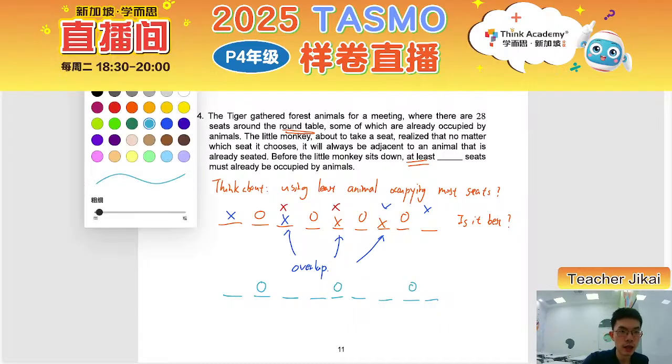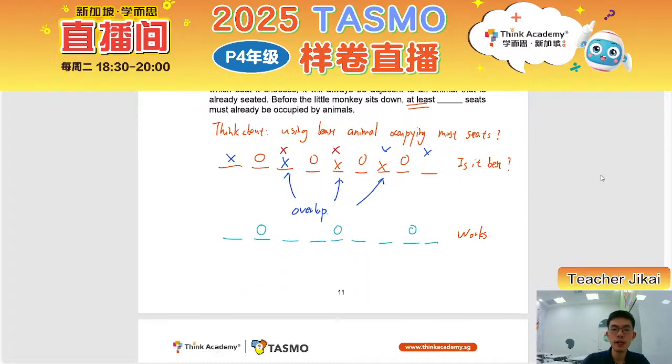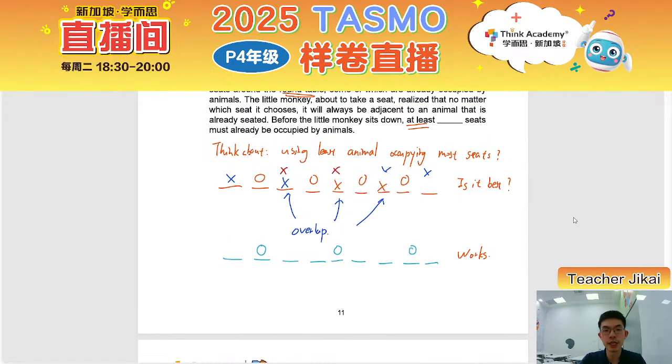Here, no matter where the monkey sits, for example, the right one has one animal already seated, right? If I choose another one, the monkey sits here, also another animal is seated beside it. This can also be the case, and we know it works. So now, based on this distribution, we need to find out at least how many seats must be occupied by the animals.